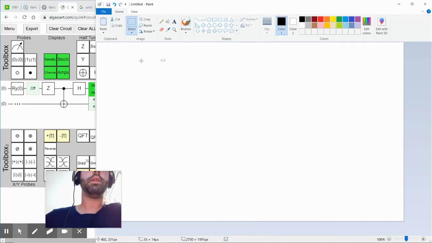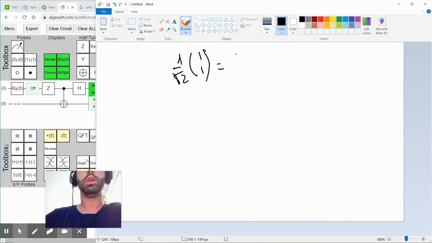So the solution that I find is this one, right? And I know that this is proportional.